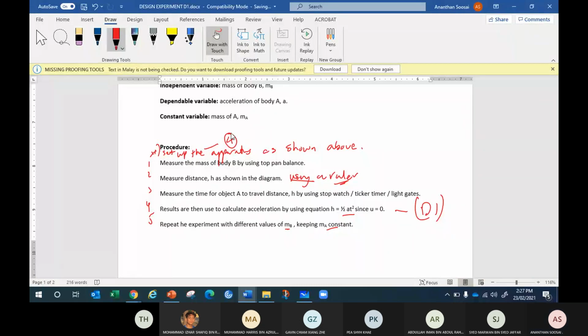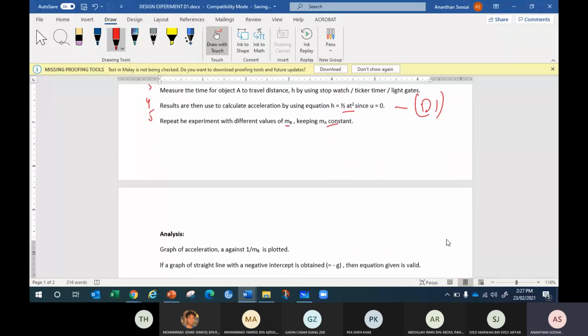The diagram is 1 mark. Any question? Just one example. You can take a picture, but this document is in the Times. Any questions on your procedure, guys? No? Okay.